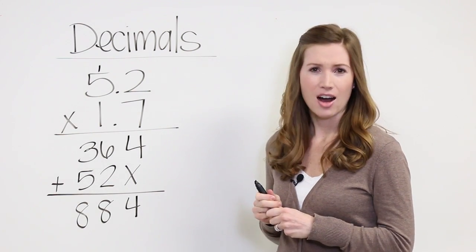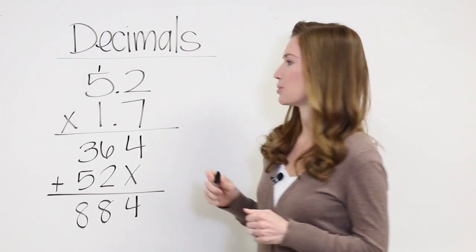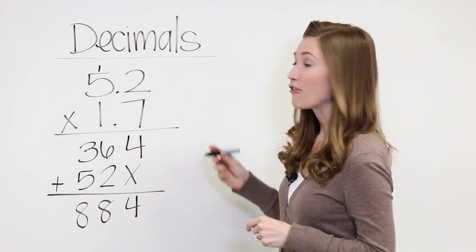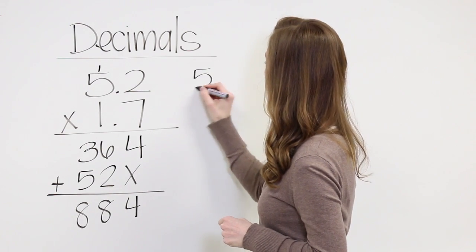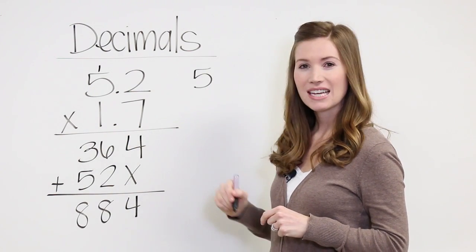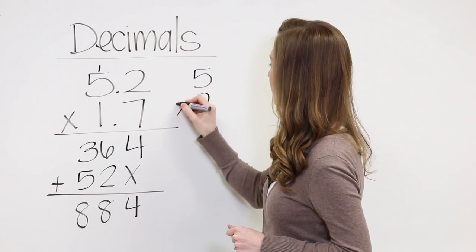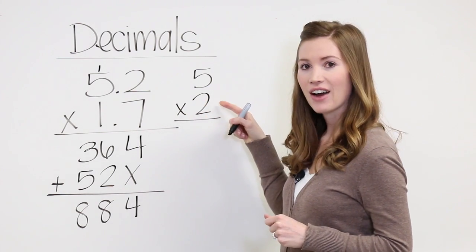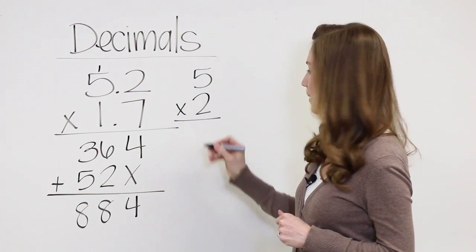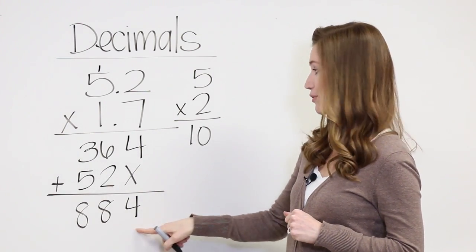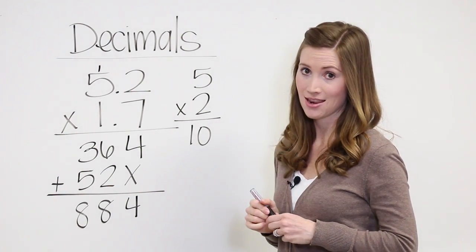Let's estimate our product to see if it's reasonable. 5 and 2/10, that's about 5. And 1 and 7/10, that's almost 2. Now if I was to multiply 5 times 2, I would get 10. 884 is nowhere near 10.